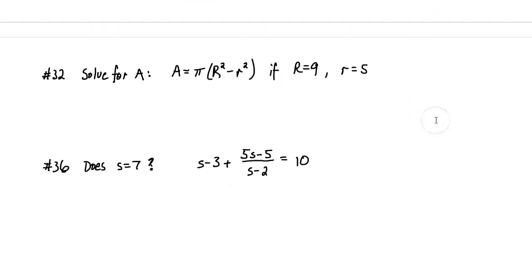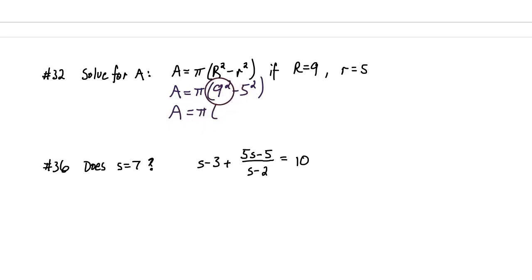For number 32, we're asked to solve for capital A in this equation if we're given values of the r's. So let's substitute those values. For capital R, fill in 9. For lowercase r, fill in 5. Let's simplify the right side of this problem.